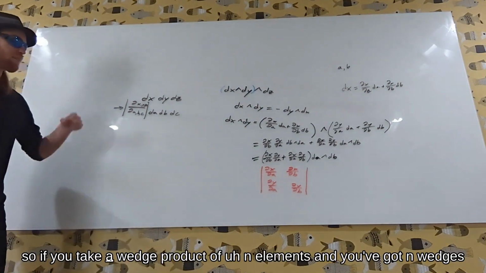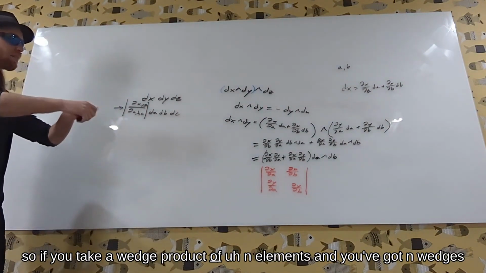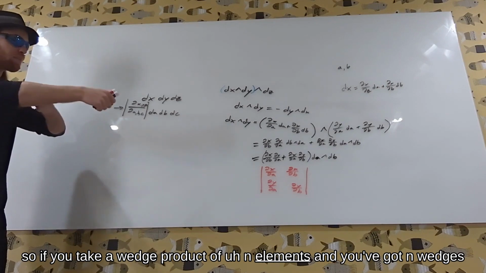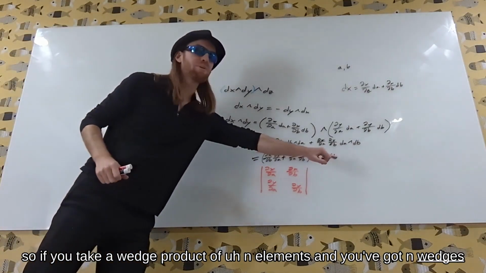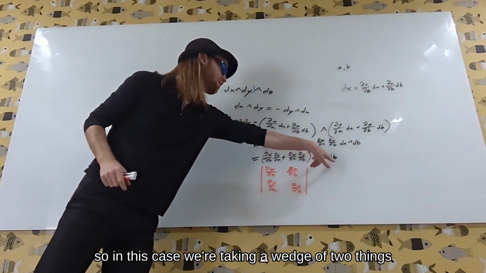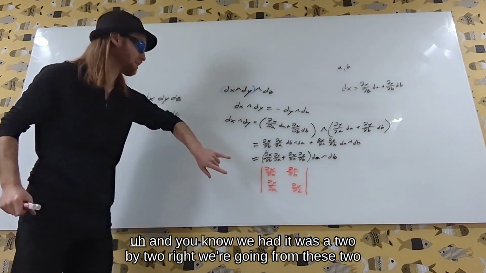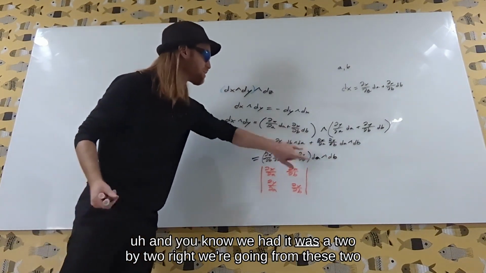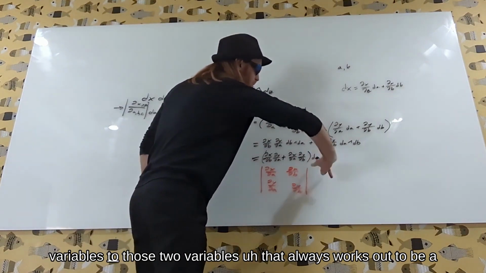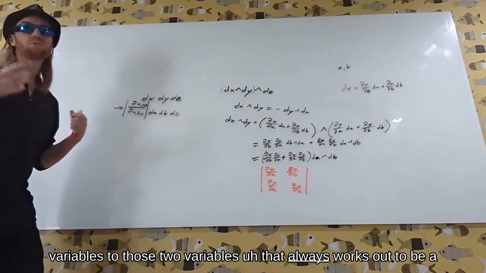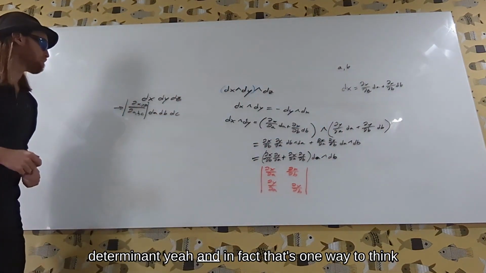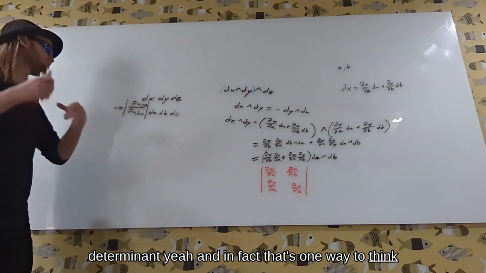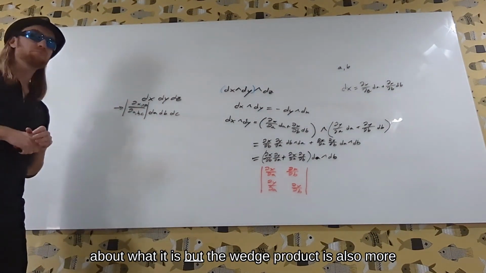So if you take a wedge product of n elements, and you've got n wedges, so in this case we're taking a wedge of two things, and it was a 2 by 2, right? We're going from these two variables to those two variables. That always works out to be a determinant. Yeah, and in fact, that's one way to think about what a determinant is.